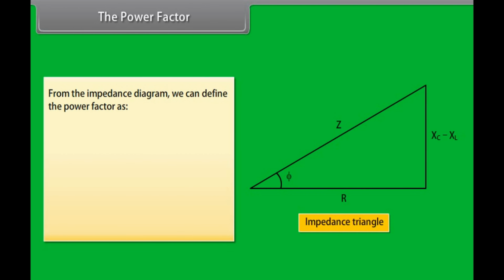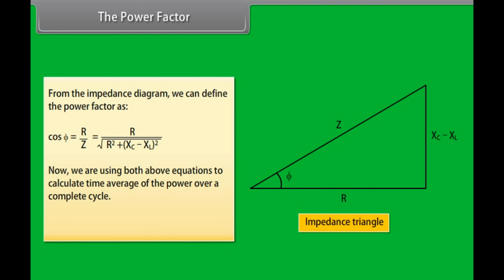From the impedance diagram, we can define the power factor as cos phi equal to R upon Z, which is equal to R upon under root R square plus XC minus XL square. Now, we are using both above equations to calculate time average of the power over the complete cycle. P bar is equal to the product of Irms square and R.